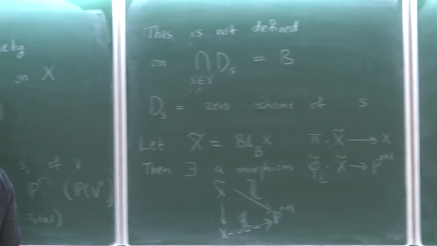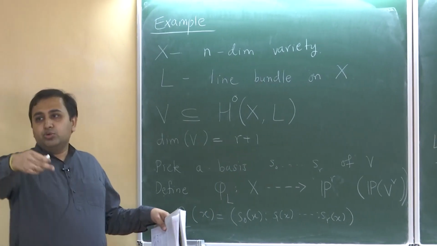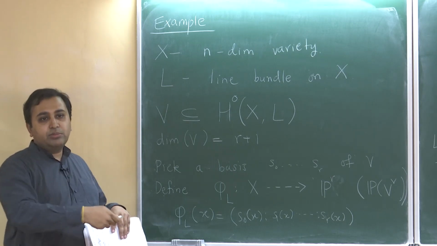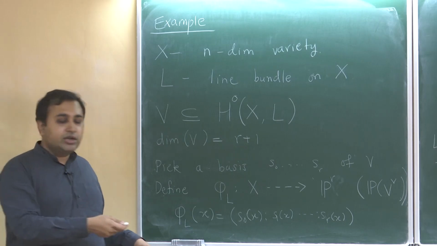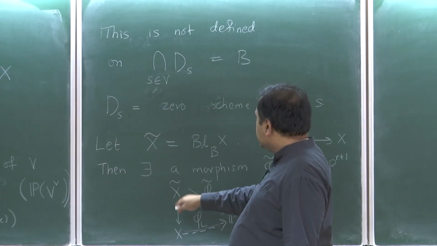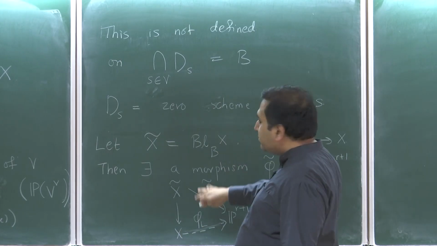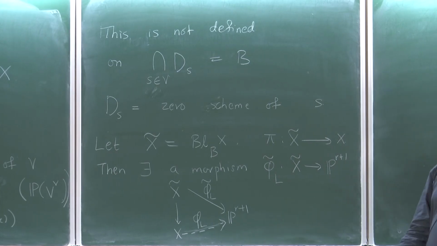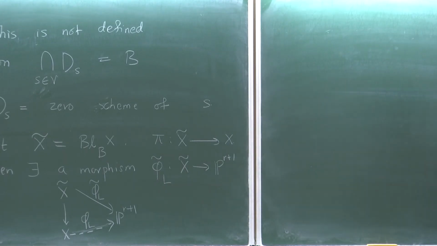If you tried to extend by continuity, approaching a point where it is not defined along various curves, a different curve gives a different limit. That is the problem you run into. But if you blow this up, the scheme where you were having a problem becomes locally principal, and so you're back in the situation of a curve. That's basically how you're able to do this.